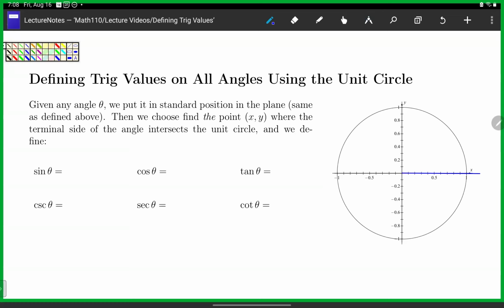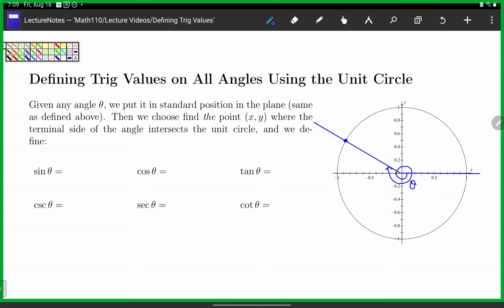I'll use the same theta for demonstration purposes. But here, I don't take any old point along the terminal side of theta. I specifically take the point that intersects with the unit circle.